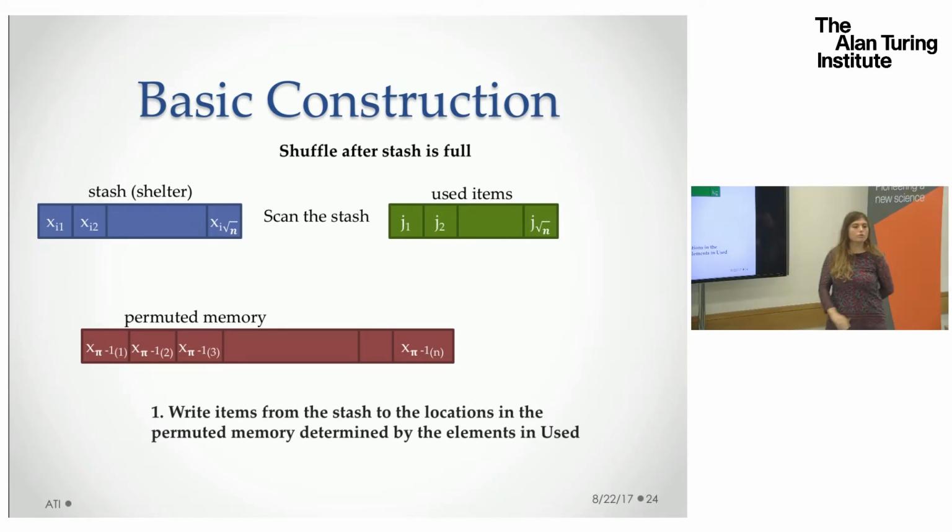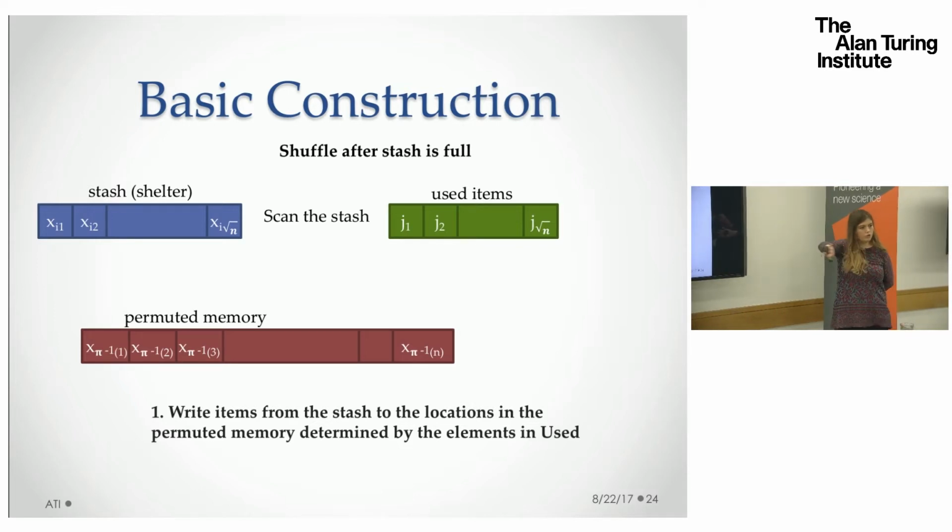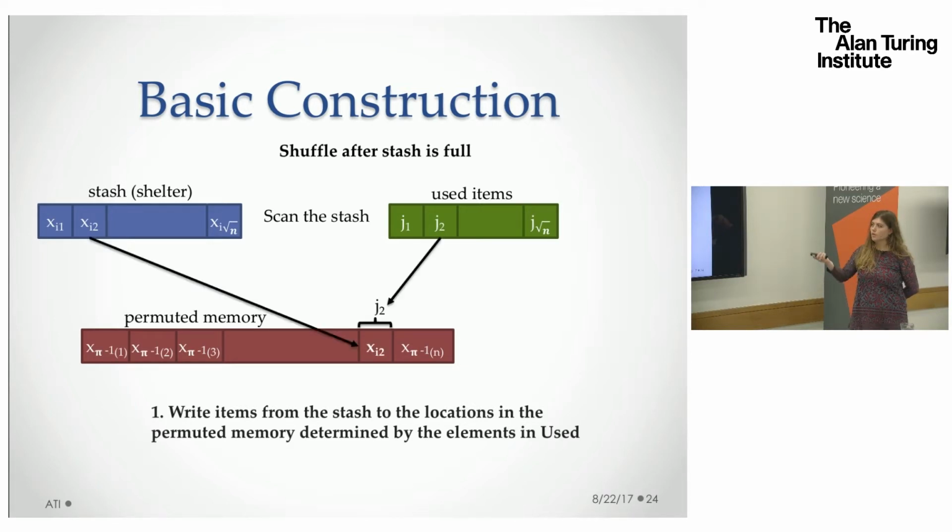So now we don't have this issue of trying to push out dummy items using these expensive oblivious sorts. We can just place them back where they were, and we can shuffle. So that's what we do. And then we just reshuffle the permuted memory.